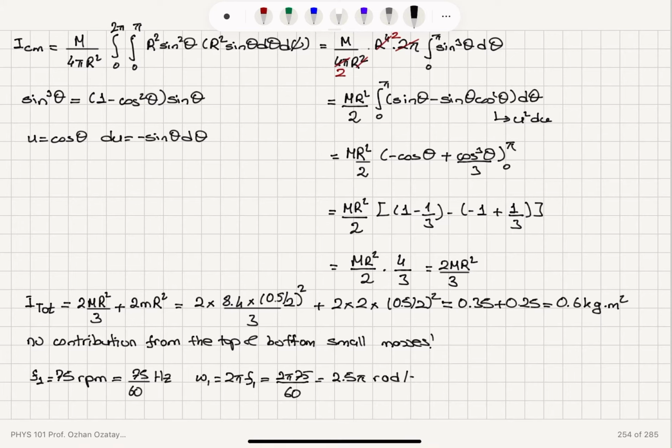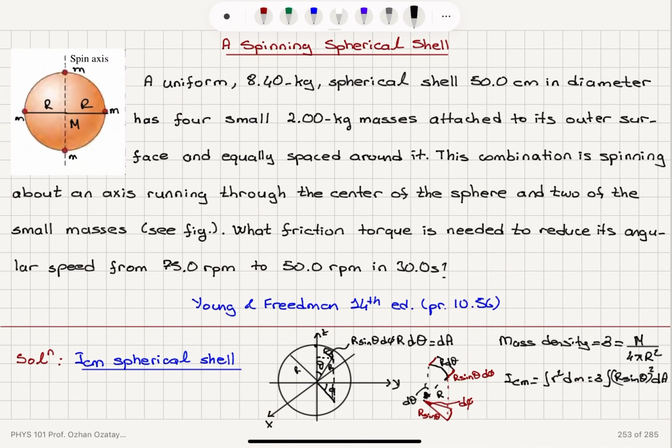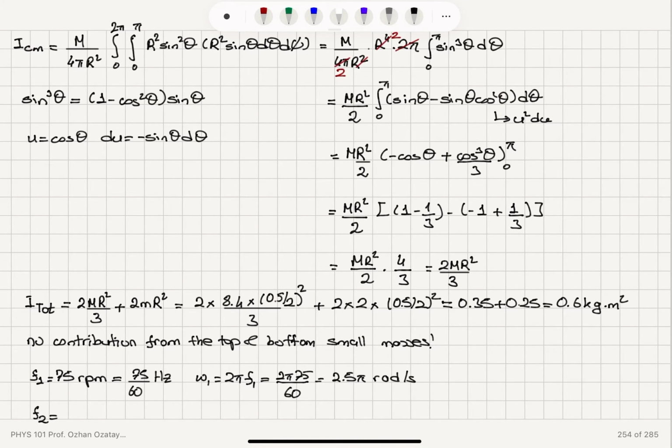radians per second. The frequency that we want to reach, f2, is 50 RPM in 30 seconds. 50 RPM corresponds to 50 revolutions divided by 60 seconds, 50 over 60 hertz.